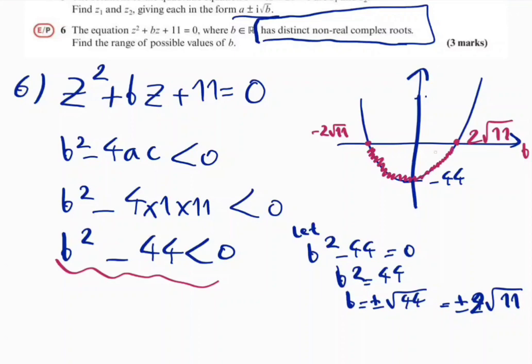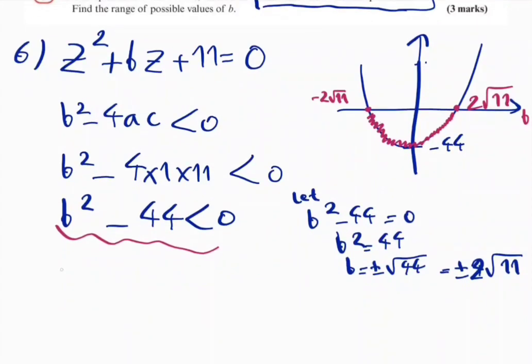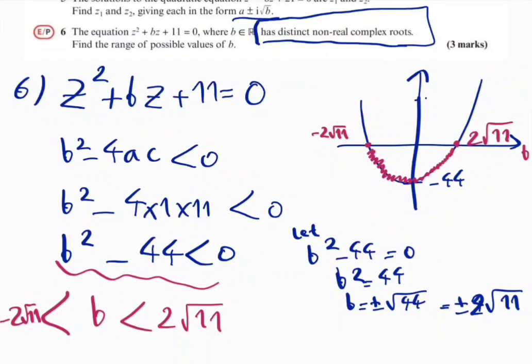In this area the graph is below the axis, and that means that when the value of b is between minus 2 root 11 and positive 2 root 11, that's where we have complex roots, because that's when we are going to get a negative discriminant, and as a result of a negative discriminant, we are going to get complex roots.